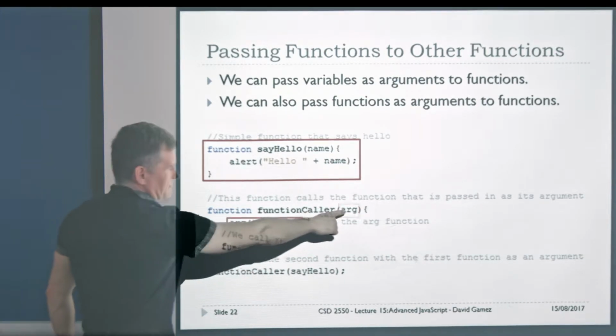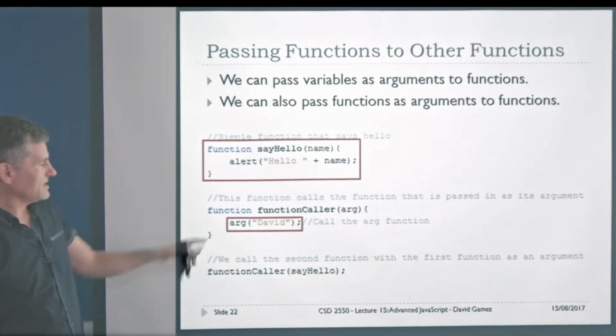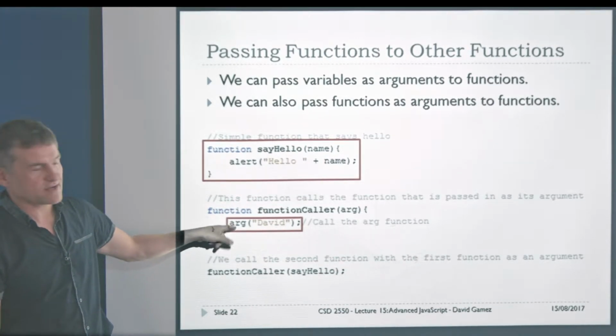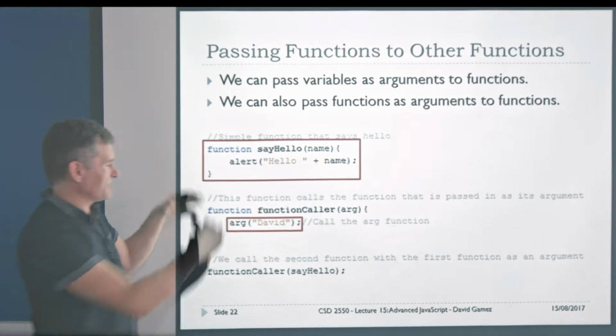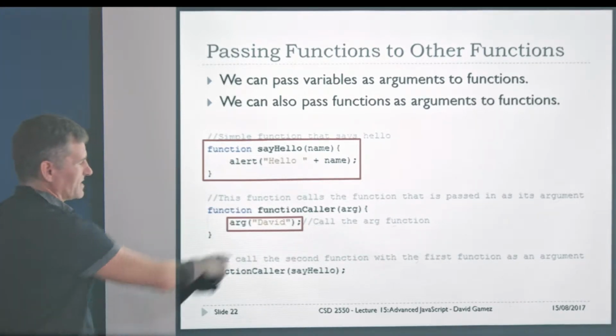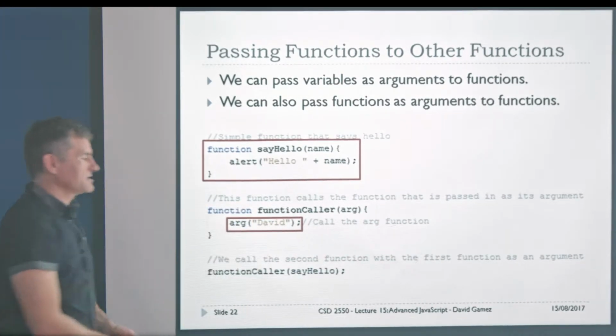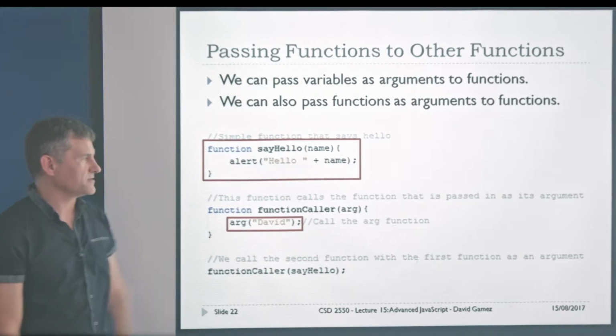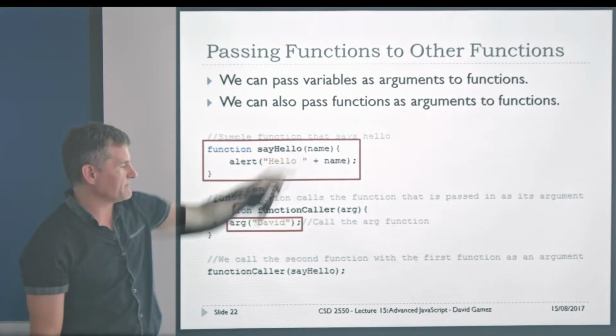And now, again, this is JavaScript's dynamic typing, so behind the scenes it knows that arg, in this case, is a function. So when I append smooth braces to it and give it an argument, then it will call say hello and copy David into this here.